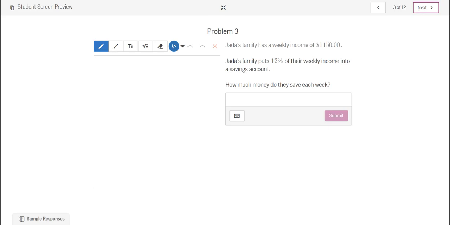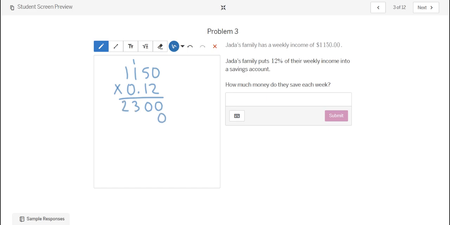So here we go. If they put 12% of their money aside, how much would that be? And so again, we set it up like 1150 times 12% is like 12 cents. 2 times 0, 2 times 5 is 10. 2 times 1 plus 1 is 3. 2 times 1 is 2.